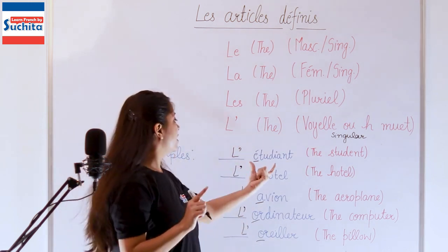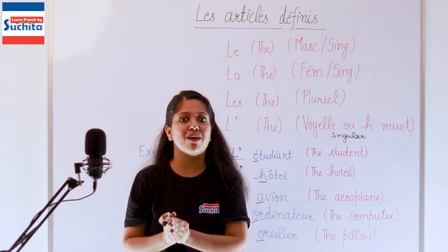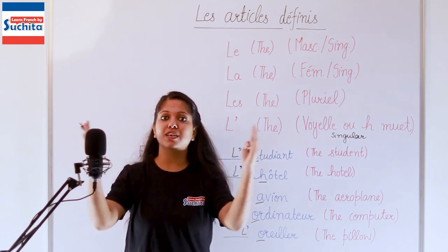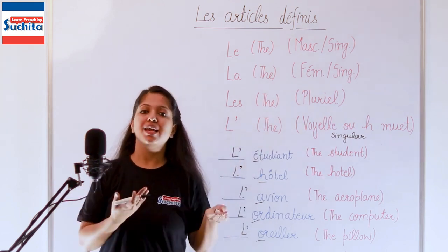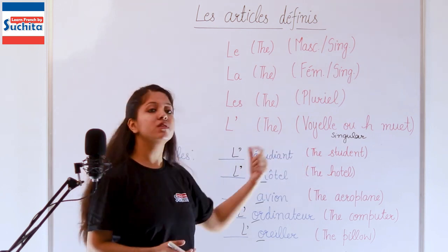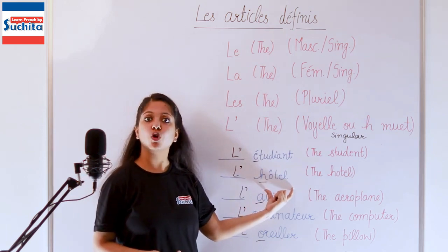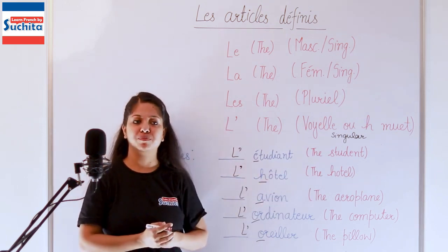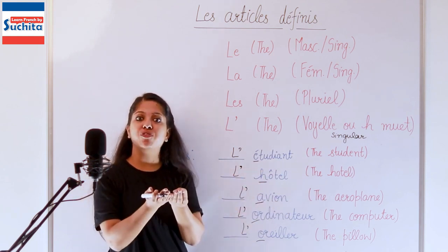So that means, see, if you would have said this word without L apostrophe, the pronunciation would have been étudiant. But now with this, it joins and it becomes l'étudiant. L'étudiant, the student. Hôtel. With this, it becomes l'hôtel. Avion, l'avion.